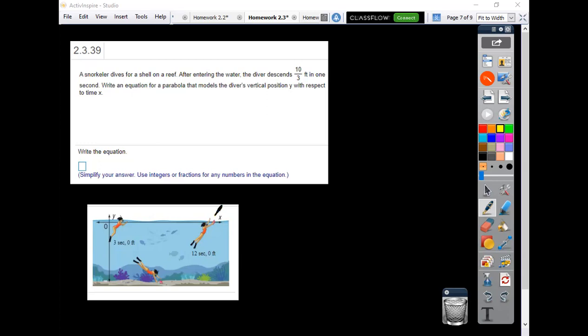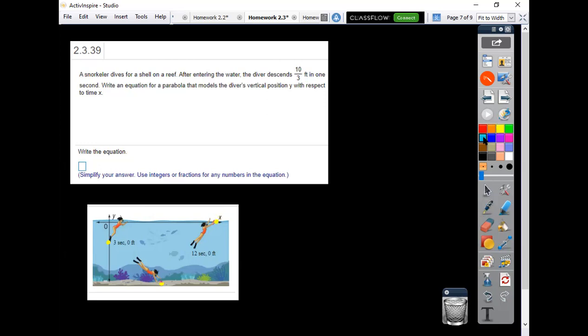So showing this, you've got a point here, then this one over here, and at 12 seconds they're back up here to the surface again.